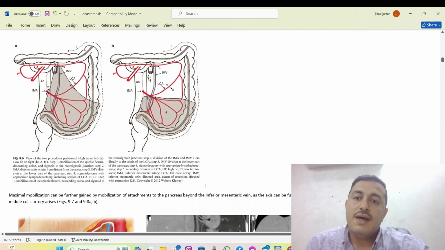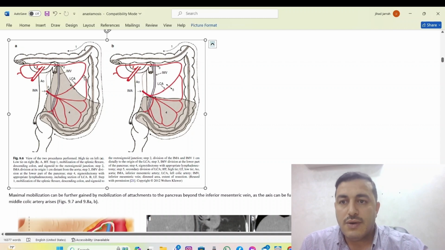This is the low ligation. In low ligation, what's the difference? The same mobilization. First step is mobilization of the splenic flexure, descending colon, sigmoid to the rectosigmoid junction. Step 2 is division of the inferior mesenteric artery and inferior mesenteric vein.